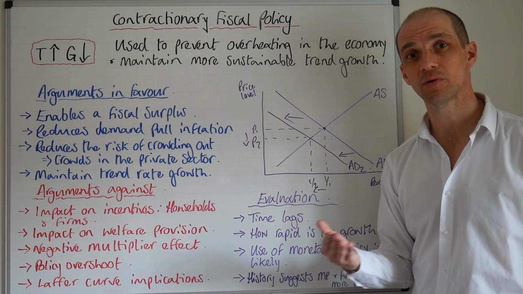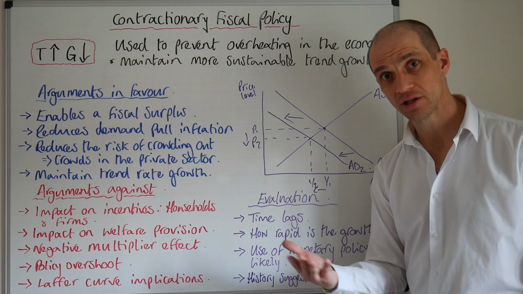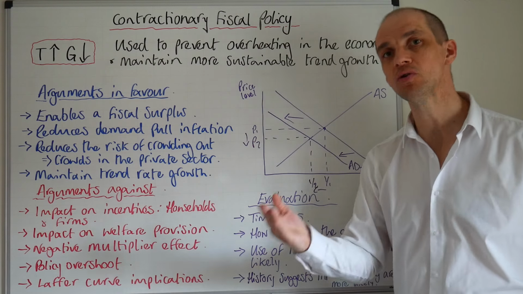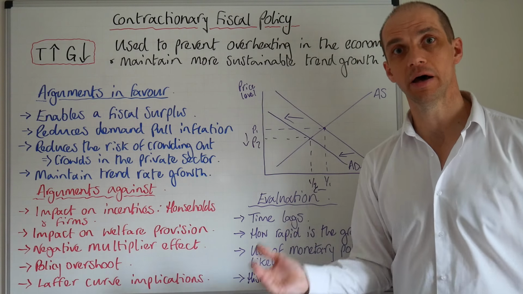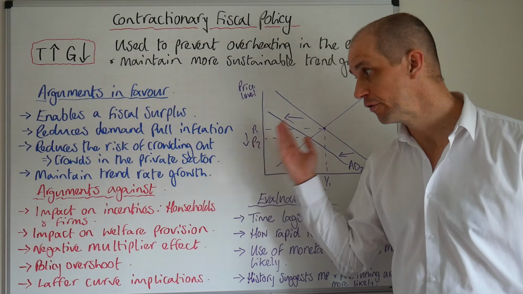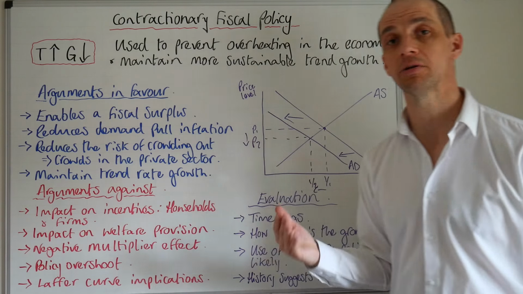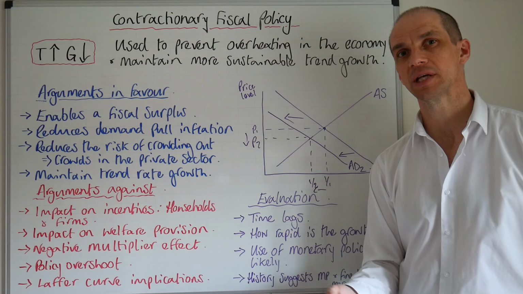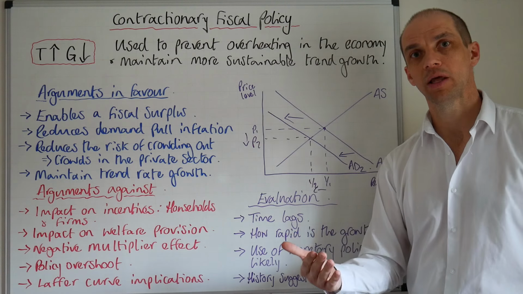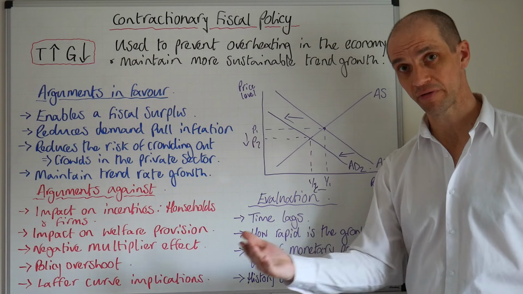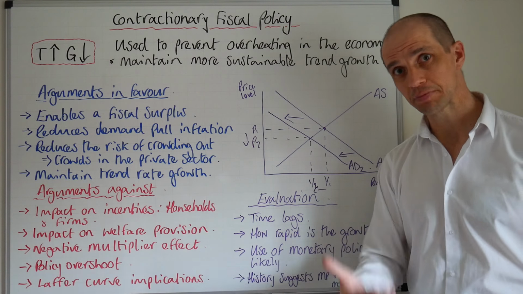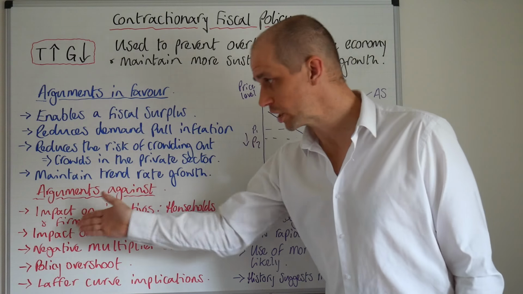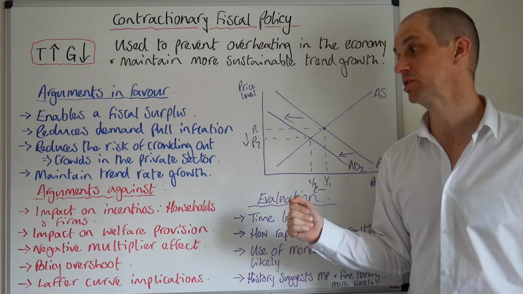When it comes to increasing direct taxation on workers, that may well have an effect on incentives. Furthermore, it may have an impact upon firms as well, because if you increase corporation tax, it may mean they have less retained profit to reinvest in capital goods to develop their future productivity. Okay, so that's a nice argument to consider.